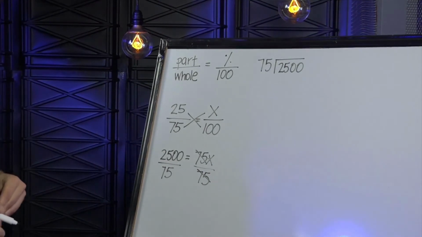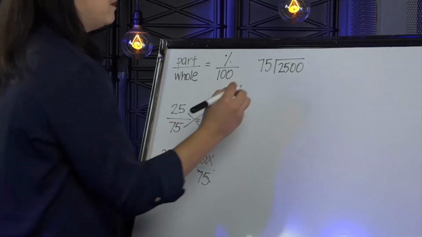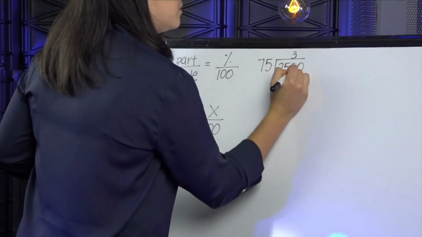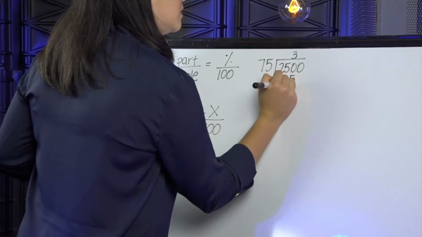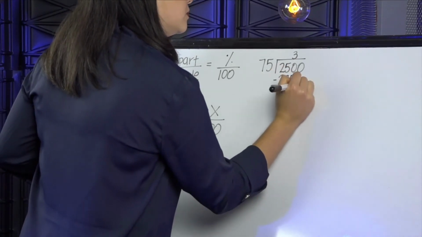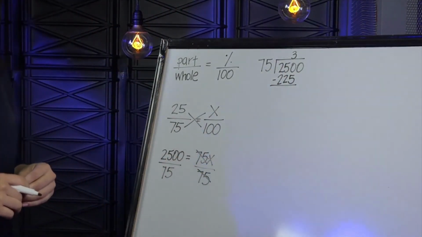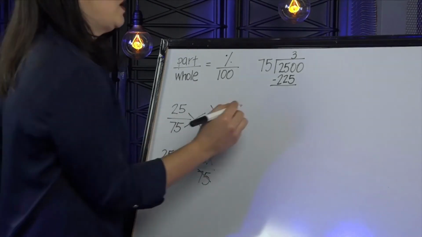So 75 goes into 250 3 times. And that equals 225. Let's go ahead and subtract that.